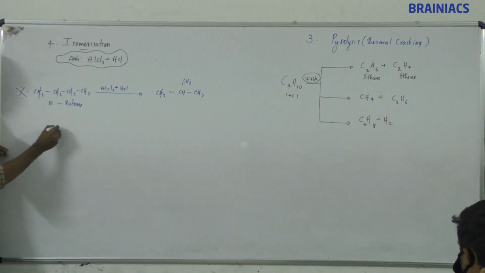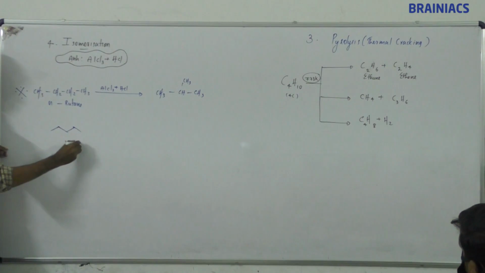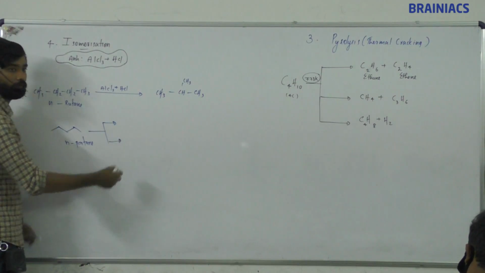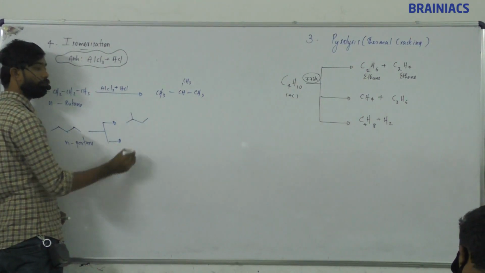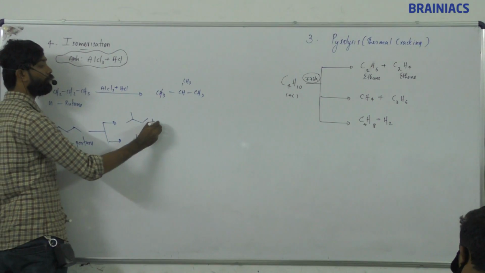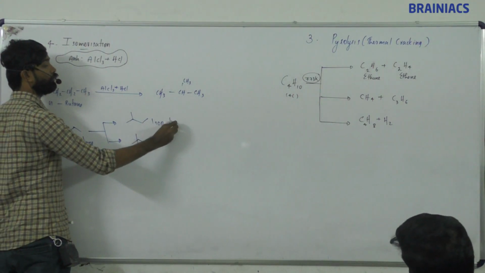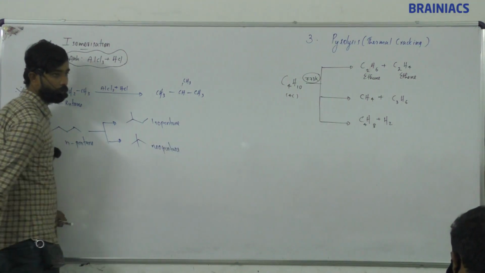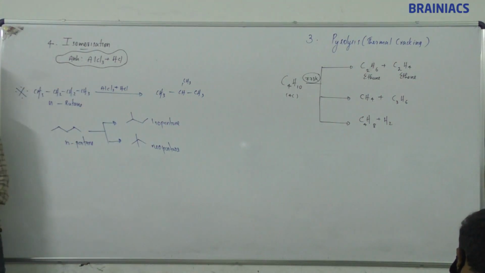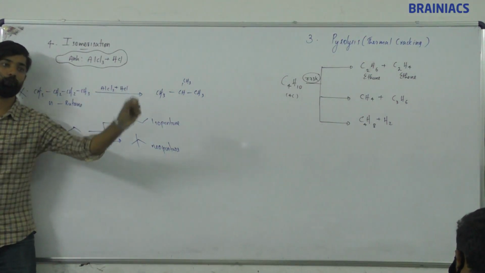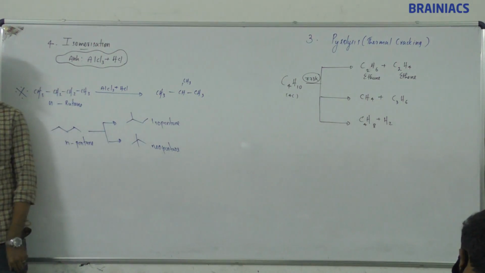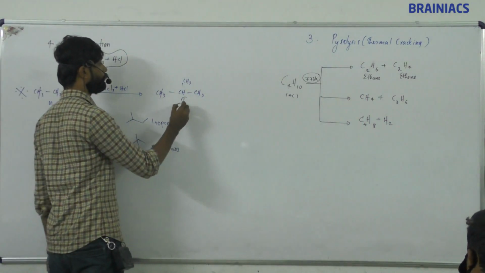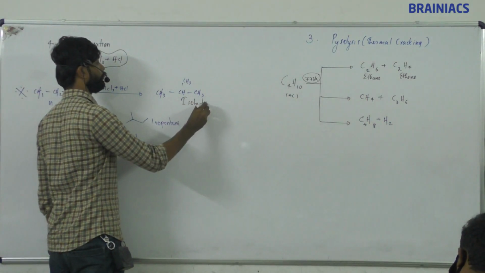If I have normal pentane, chances will be increasing. Normal pentane becomes isopentane or neopentane. Here also there is no logic for predicting a particular product. In the case of normal butane, it is sure that it will be isobutane.